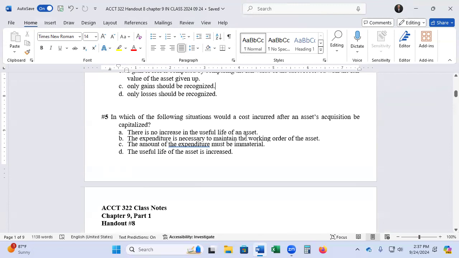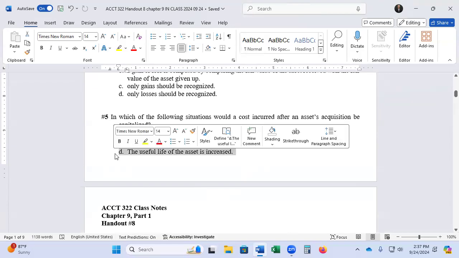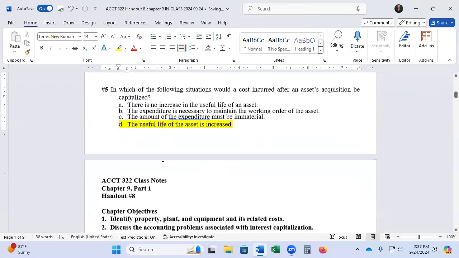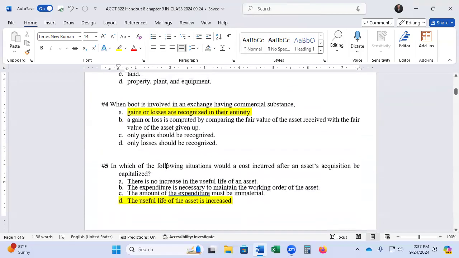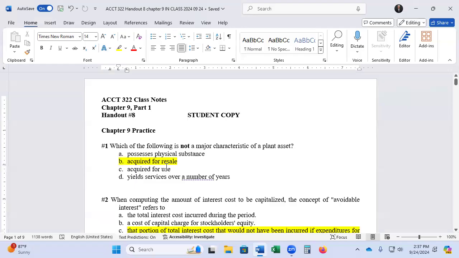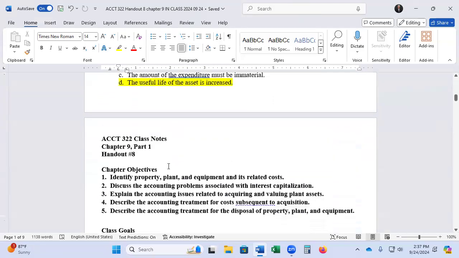The expenditure is necessary to maintain the working order of the asset; that sounds a lot like maintenance, right? The amount of the expenditure must be immaterial; if it's not material, then we would just expense it, right? And so the last one, the useful life of the asset increased, is the answer. Any questions on those five? Okay.